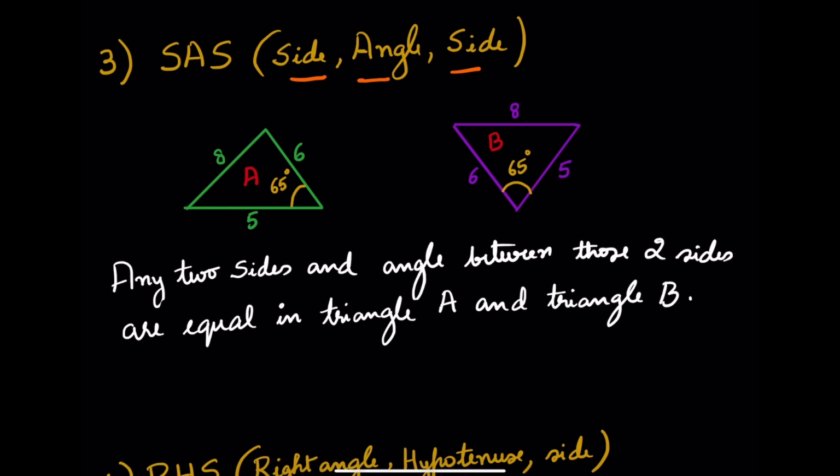There are two sides, one with length 5 and 6, and the angle formed between them is 65 degrees. If the same scenario occurs in the next triangle, which is triangle B, then we can call triangle A and triangle B congruent to each other. Here you see that 6 and 5, these two sides form an angle of 65 degrees.